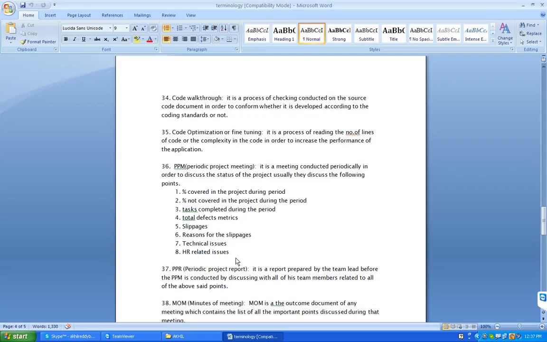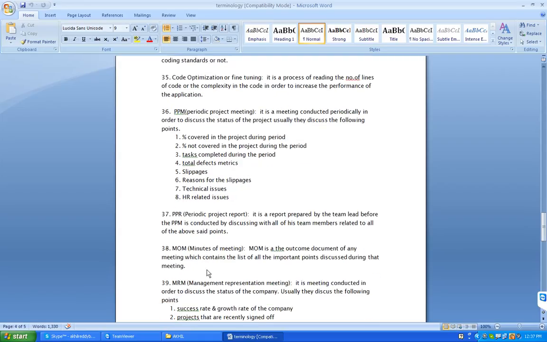Next, PPR, periodic project report. Before going to the meeting, they will list the points to discuss. That is called PPR, periodic project report.